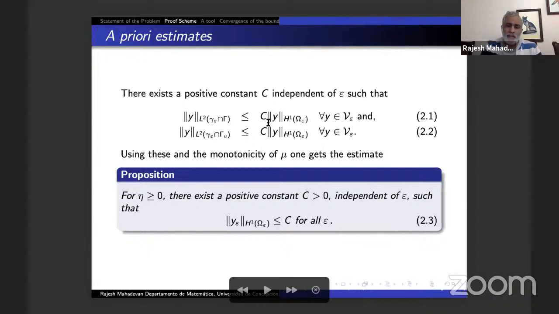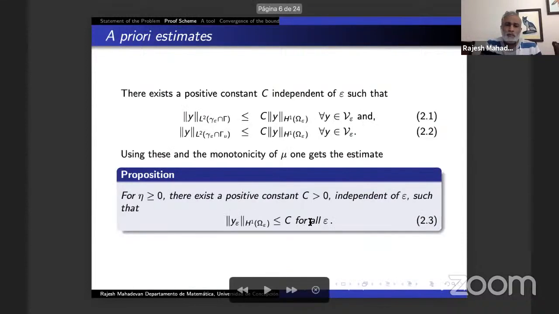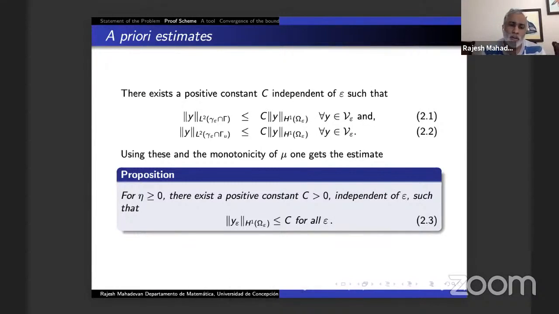And once you have it, if you go to the weak formulation and take phi equals y epsilon, and since this is a positive term because of the monotonicity assumption, it can be dropped, and you will have quite easily the following estimate for the H1 norms of y epsilon.